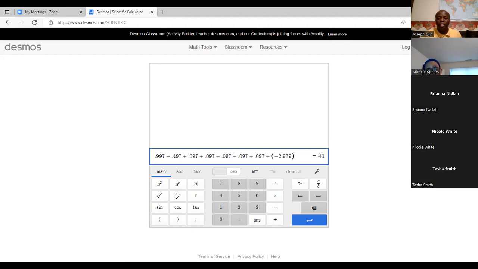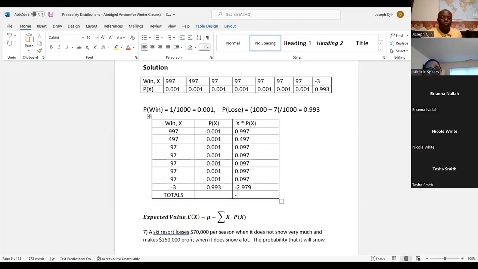If this answer is positive, that means you're gaining. But with lottery, it's usually a loss because most of the time you lose. So the answer gives us negative $1, which represents a loss.